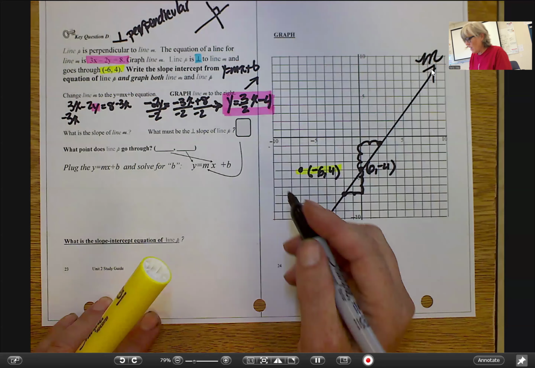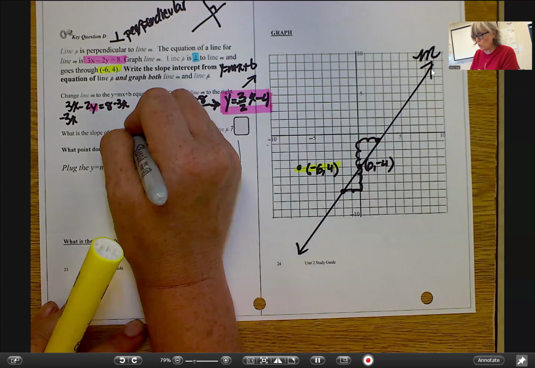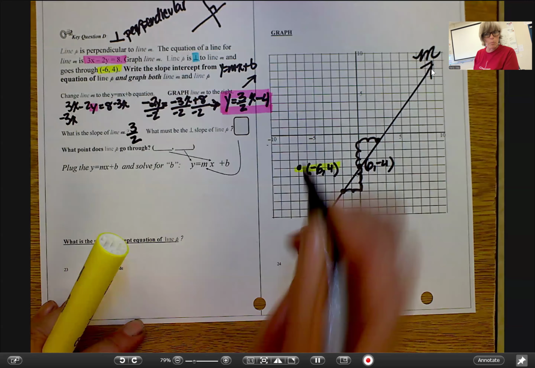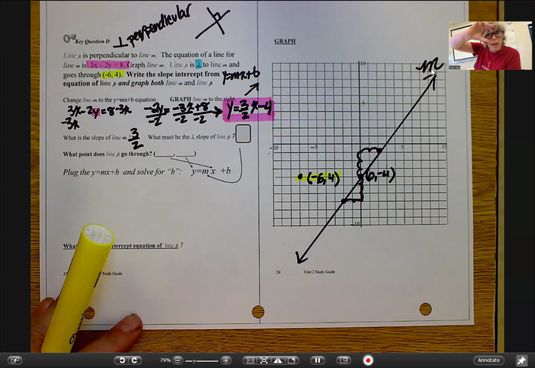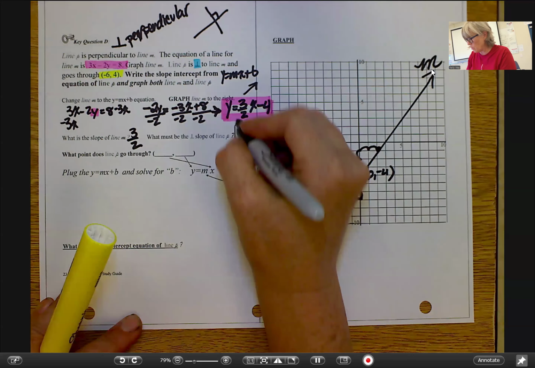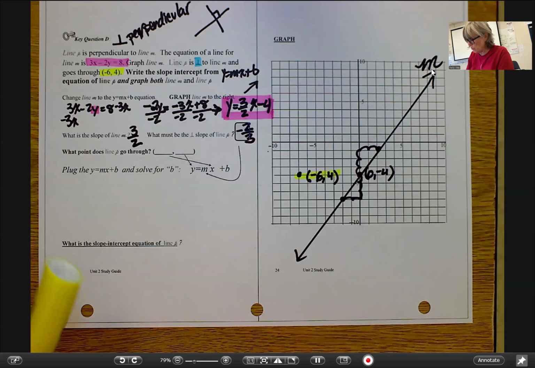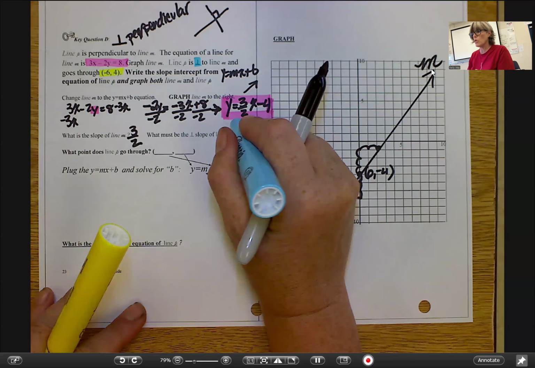All right. Our slope of line M is 3 over 2. We're asked, what is the perpendicular slope? Remember, they have to multiply to negative 1, so it's the flip and the switch. So we're going to go negative 2 over 3. That's going to be the perpendicular slope.